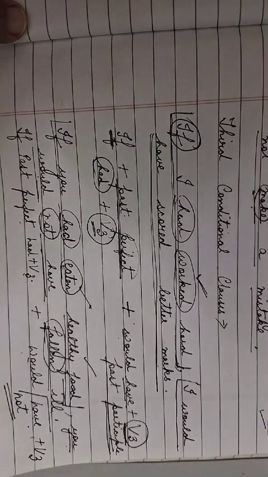Understood? If you had eaten healthy food, you would not have fallen ill. It means the situation is already over. There is zero possibility of the condition being fulfilled because it is already referring to the past, and the past cannot be changed. Okay.